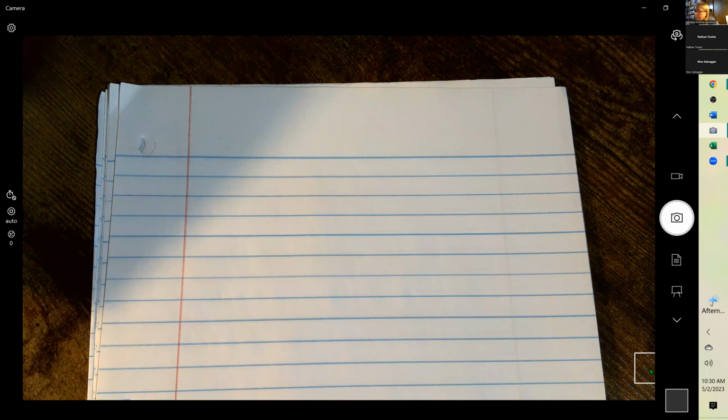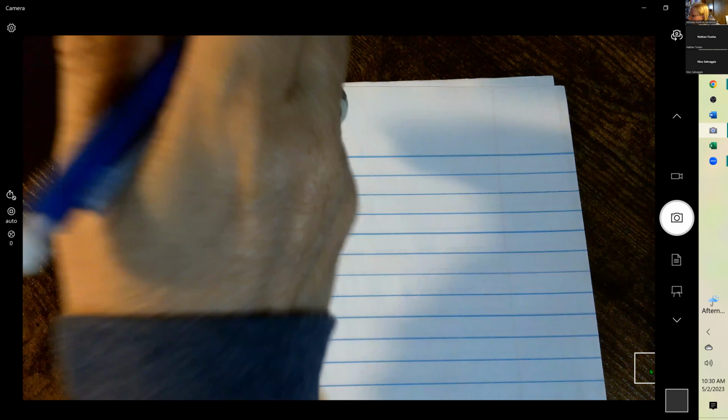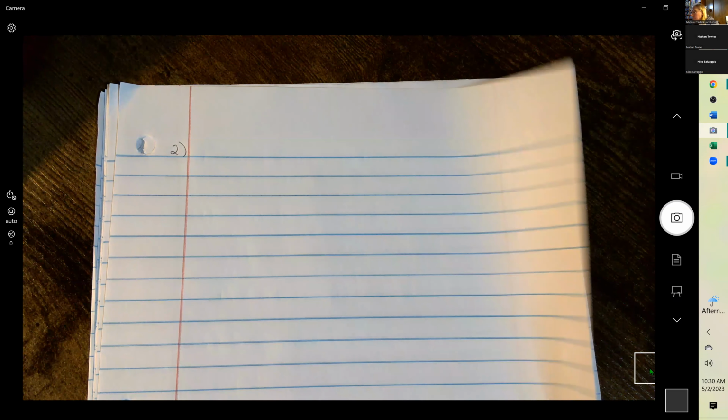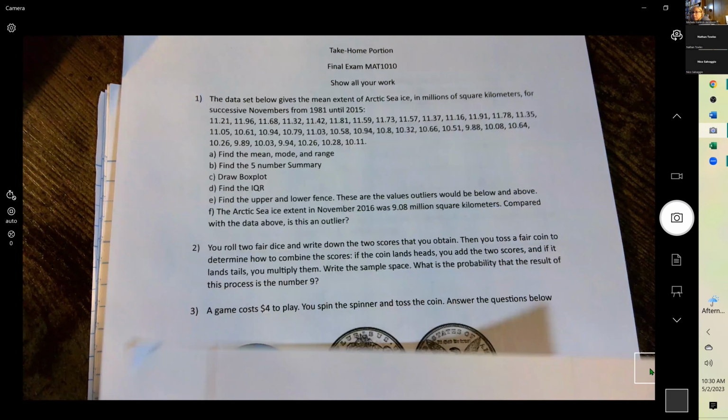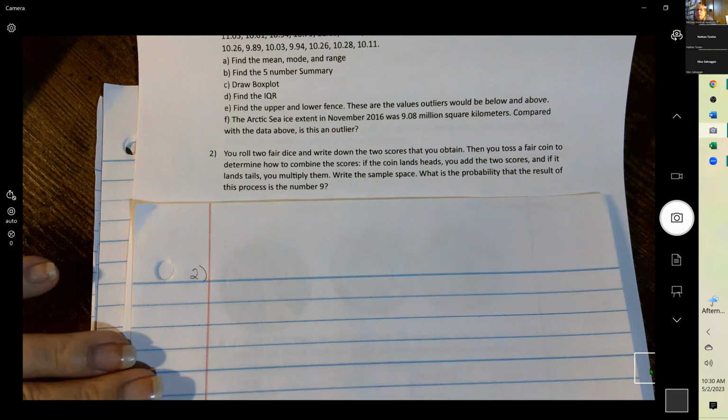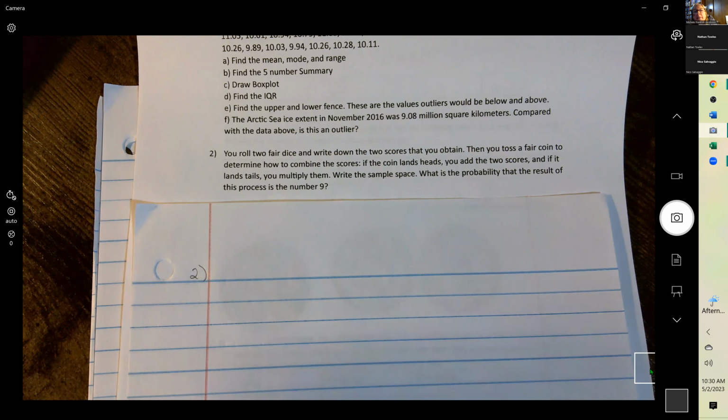Number 2. You roll 2 fair die and write down the 2 scores that you obtain. Then you toss a fair coin and determine how to combine the scores.